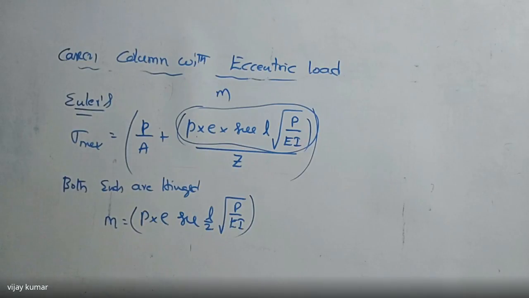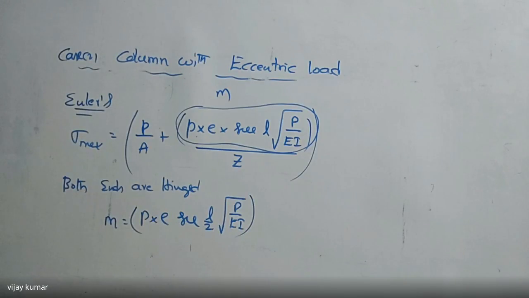Professor Perry's formula can also be used. It is useful where we have to determine the safe load that can be applied on a column at a given eccentricity, that is, the critical load when the column is subject to eccentric load.